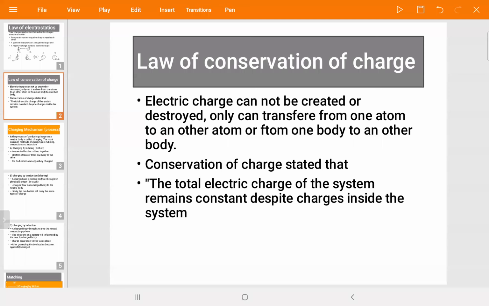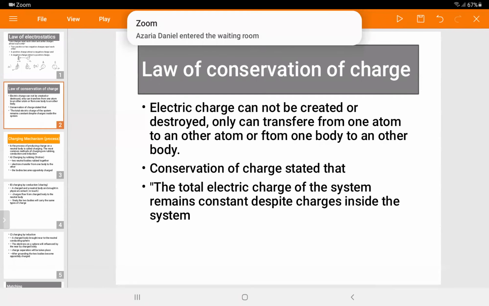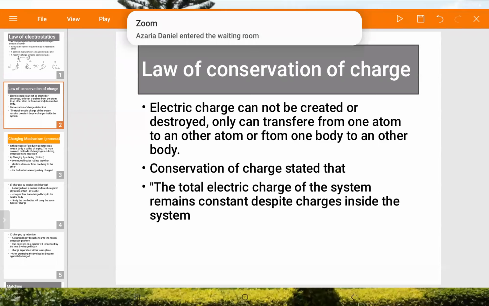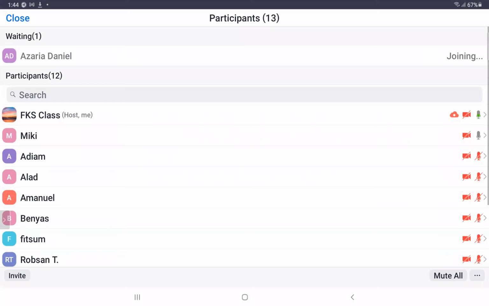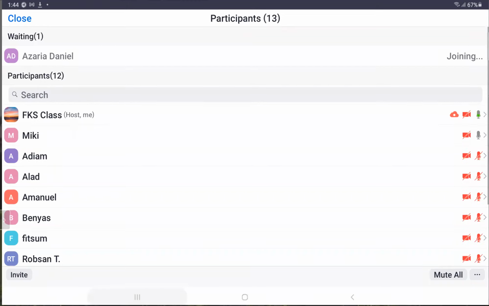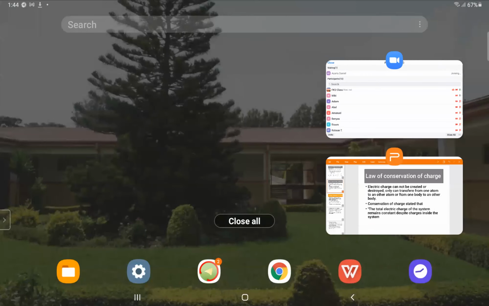Similarly, electric charge cannot be created or destroyed. It can only transfer from one atom to another atom, or from one body to another body. When a body is charged, it doesn't mean that we have created a charge, but due to the transfer of electrons, the body can be charged.